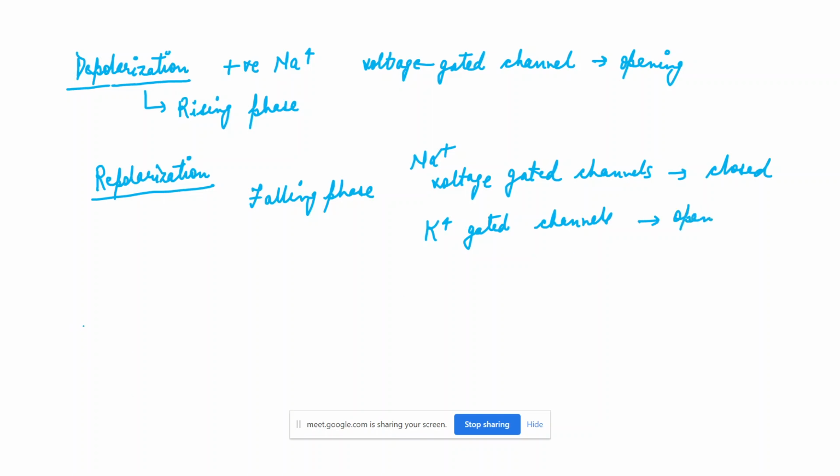Okay. And then what is action potential? Action potential is basically a brief reversal of your membrane potential.